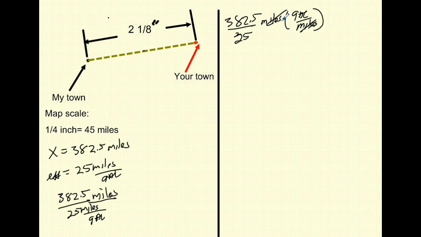The miles cancel, and we end up with gallons. So gas needed is equal to 382.5 divided by 25, which is 15.3 gallons.